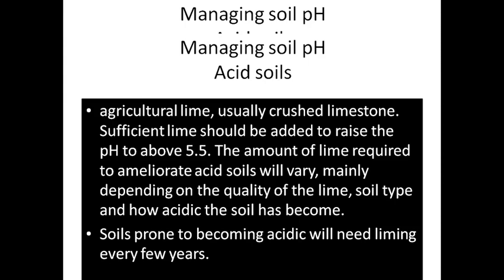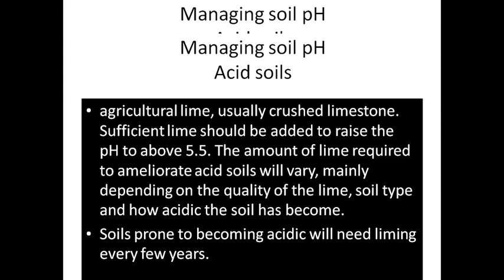So soil acidity is a vital thing for cultivators, for farmers, and for the nation's productive system or economy. Now the question is how we will manage the soil acidity. Usually, mixing in crushed limestone is the easiest and simplest way to raise the soil pH level. The amount of lime required to ameliorate acidic soil will vary depending on the condition.